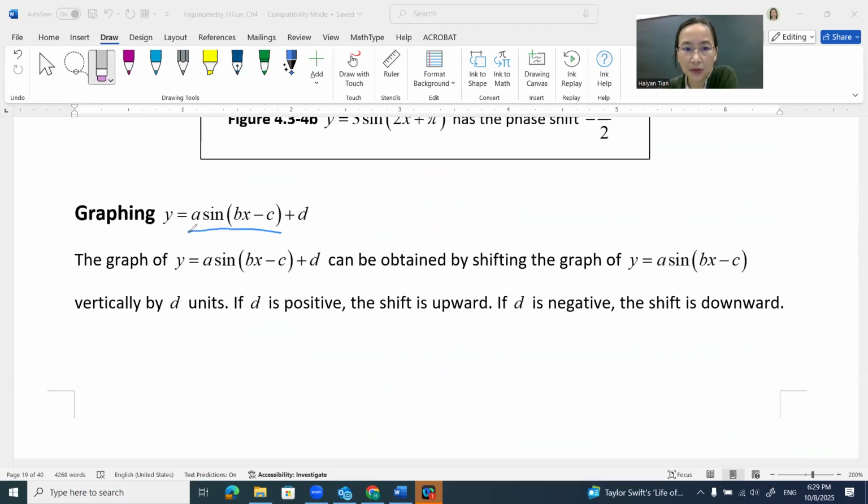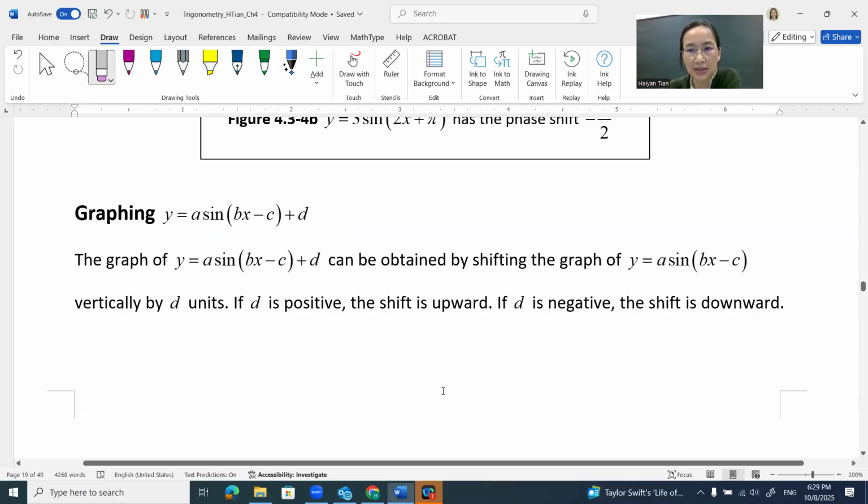So if you know how to graph this part, then with d you are adding this many units to this quantity. That means the y value will be either increased or decreased depending on d. If d is positive, then y will be higher, right? If d is negative, then y will be lower. That's very intuitive, very easy to understand.